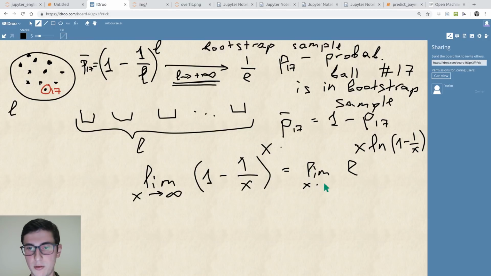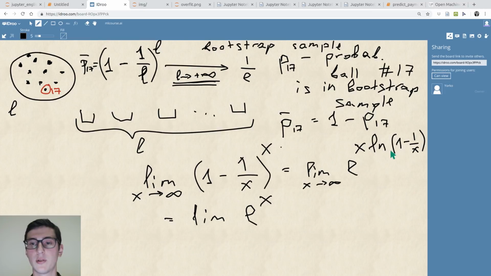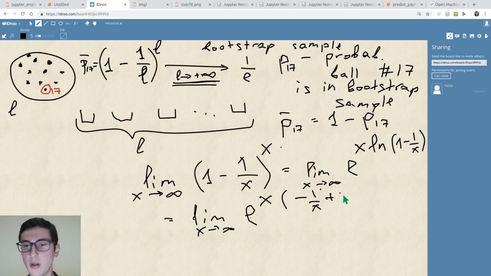Then we use the Taylor expansion for the logarithm, so it's going to be e to the power of x times minus 1 over x. I'm not going into details. Here you'll see small o of 1 over x.